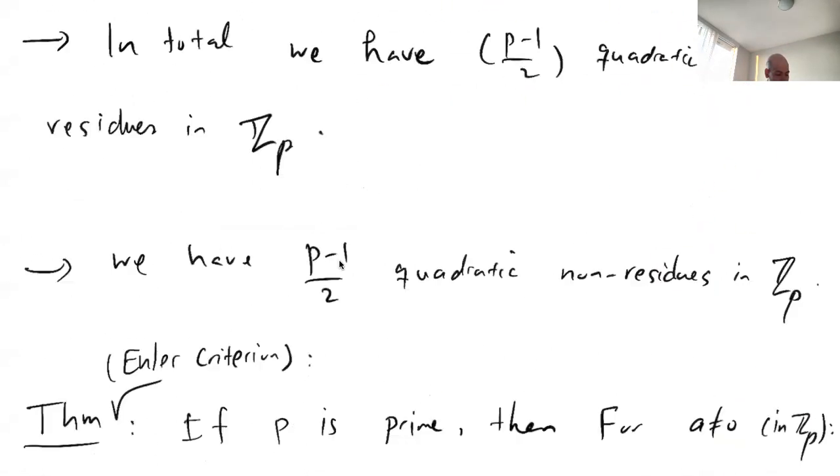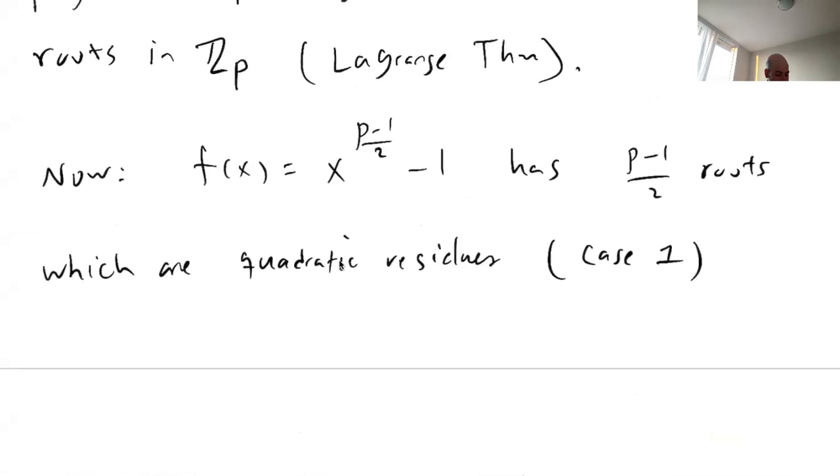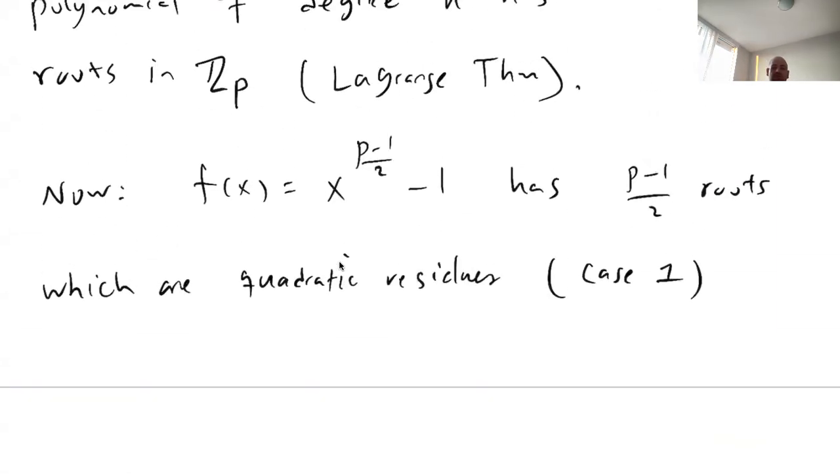So if every quadratic residue is a root of this function f, and we have (p minus 1) over 2 quadratic residues in total, that means we have no other possibility left, because this function has at most (p minus 1) over 2 roots, and I already found (p minus 1) over 2 roots for it.